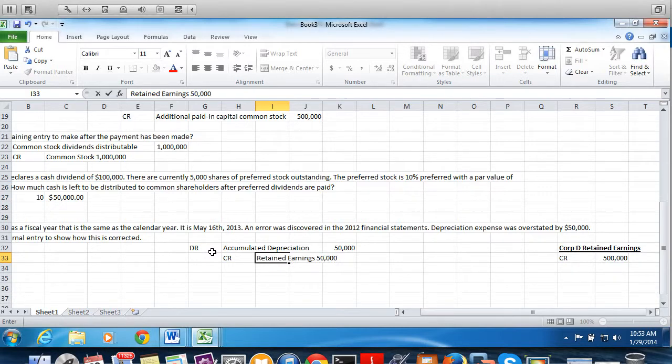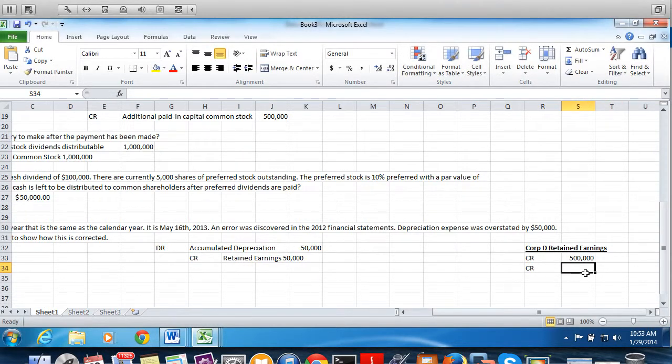What that does to my balance over here is I'm going to add another $50,000, and my new balance is going to be $550,000. So this would be my new January 1 balance. Original, right there, and this would be my adjustment. So pretty simple.